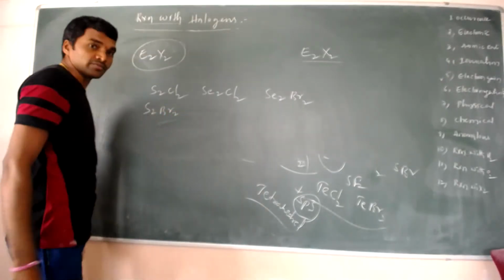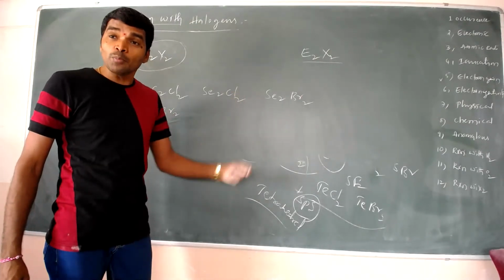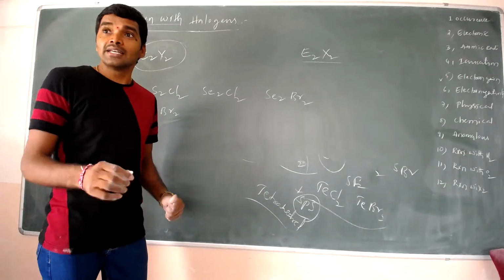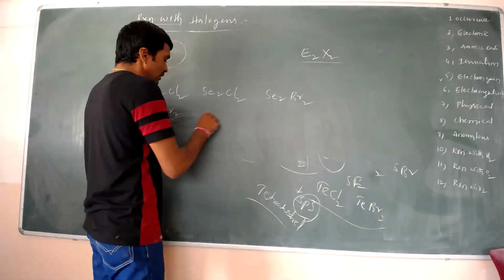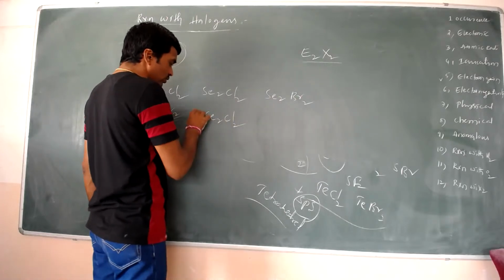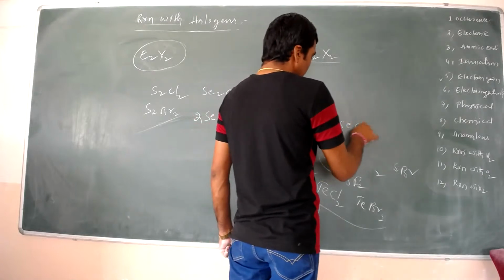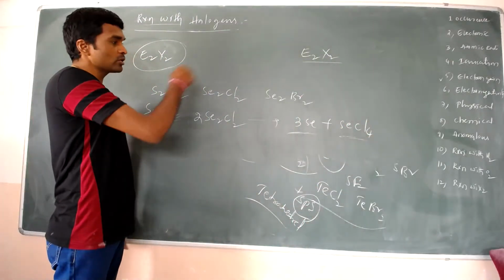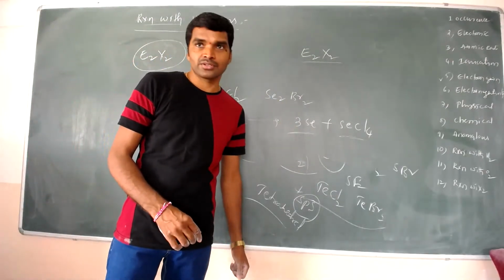These types of compounds are stabilized by participating in the disproportionation reaction. In that, 2 moles of Se2Cl2 form 3Se plus SeCl4. So by the disproportionation reaction, E2X2 type molecules are stabilized.